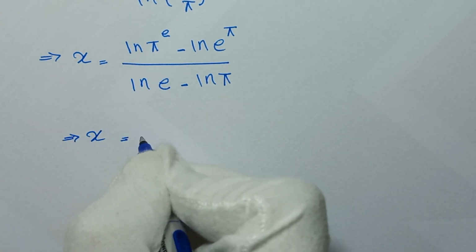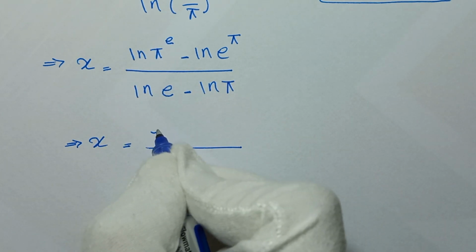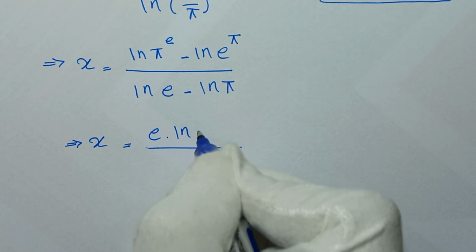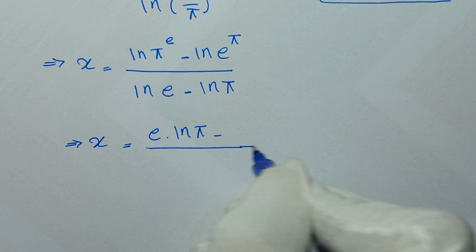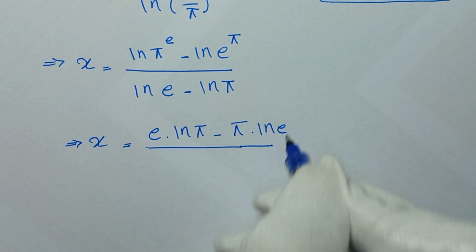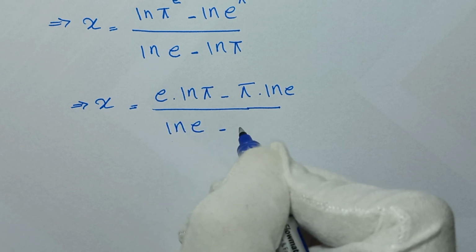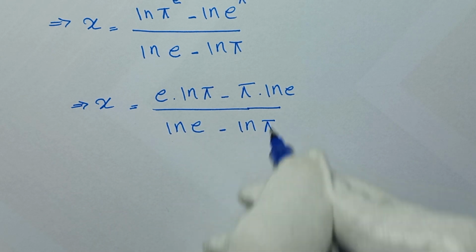In here we can take the power outside of ln, and it will be x equals e times ln of pi minus, also in here we can write pi times ln of e, and in the denominator we have ln of e minus ln of pi.